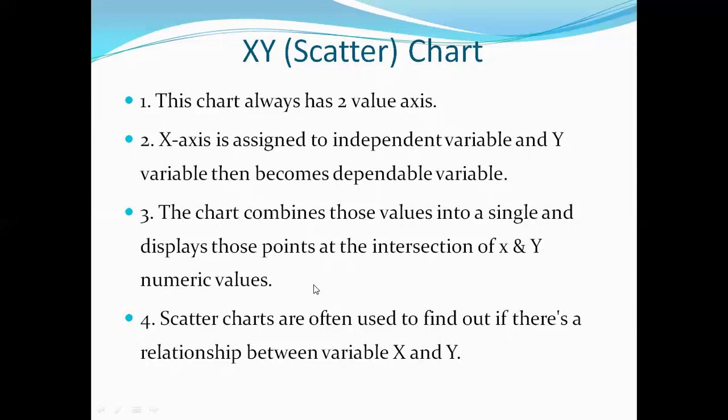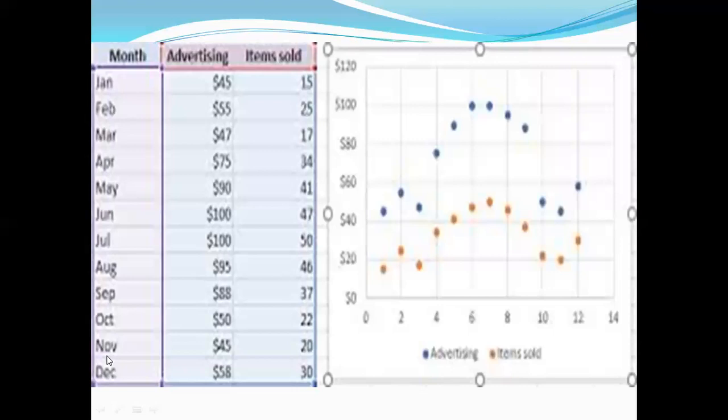So what we are doing here is taking two values and marking the dots at the X and Y intersection. So we are finding the intersection and then the relationship. The picture is blurry here, but you can try to capture it. Suppose in the month of January, advertising cost was $45 and items sold was 15. So naturally items sold and advertising depend on each other.